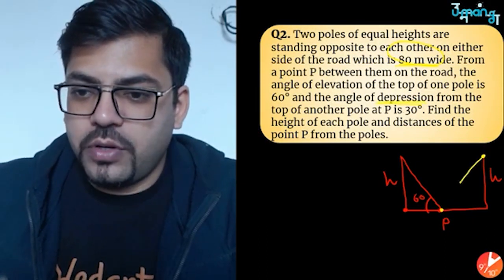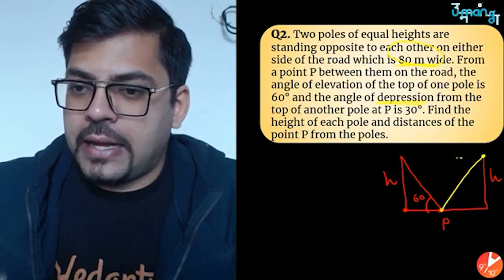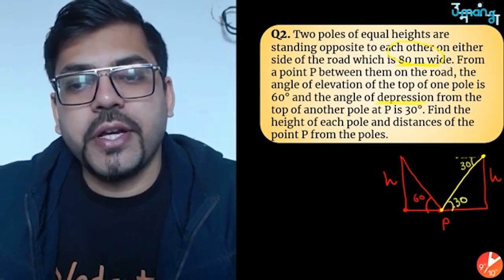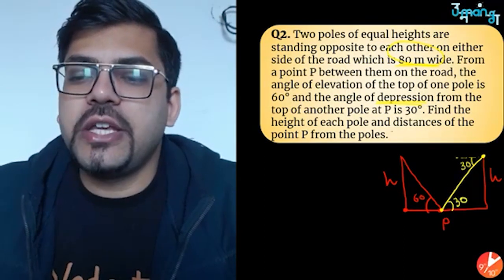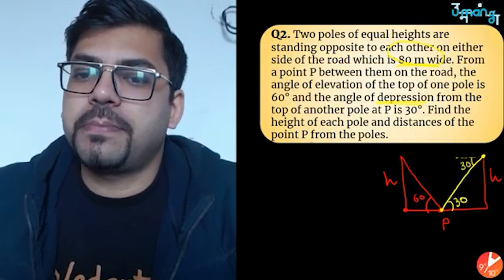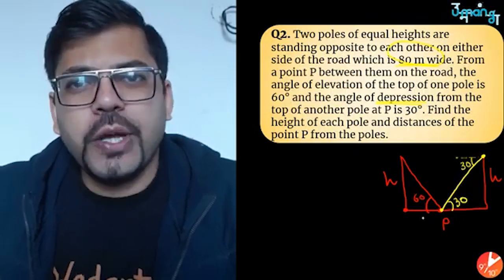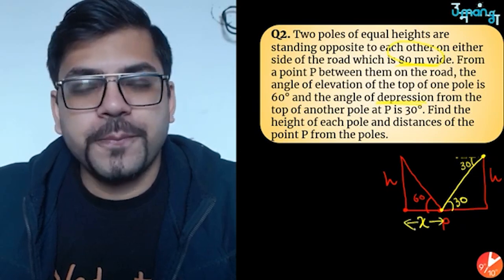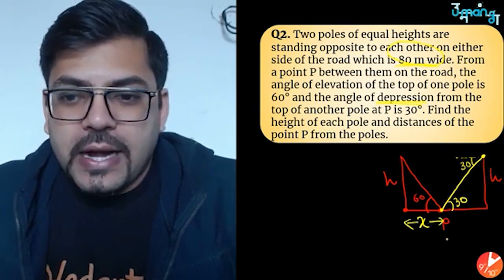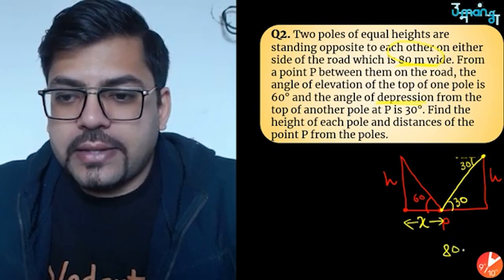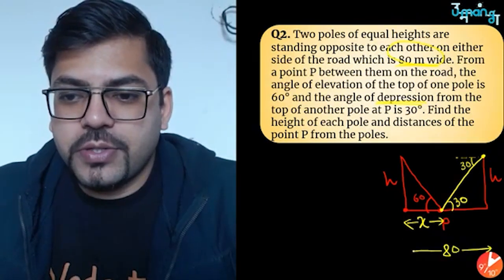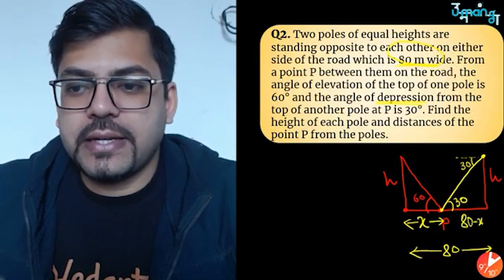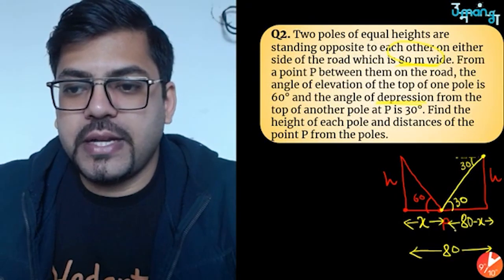So from here, if someone looks at this point, the angle made is 30 degrees here. Now the question says find the height of each pole and the distances of the point P from the poles. If I assume that this is my x, or you can assume it as b, whatever you want, this is my base, and the entire road width is given as 80 meters. So this means very surely this remaining portion is 80 minus x.